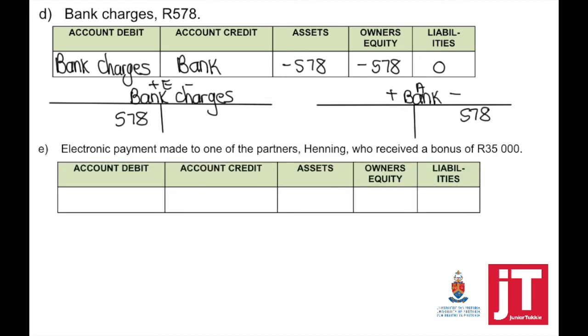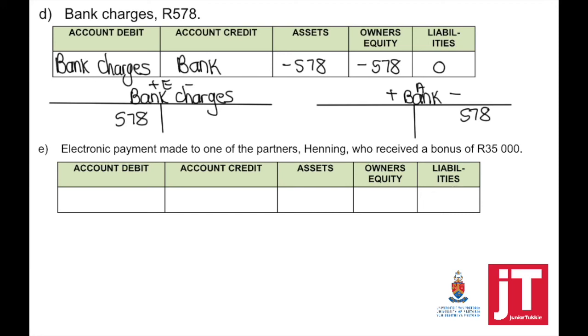Adjustment number E, electronic payment made to one of the partners, Henning, who received a bonus of 55,000. Remember that a partner, from the primary distributions of profits, is entitled to a salary, a bonus, and interest on capital. That's what they are entitled to. If a partner receives his monthly salary, it means that bank and drawings is involved.